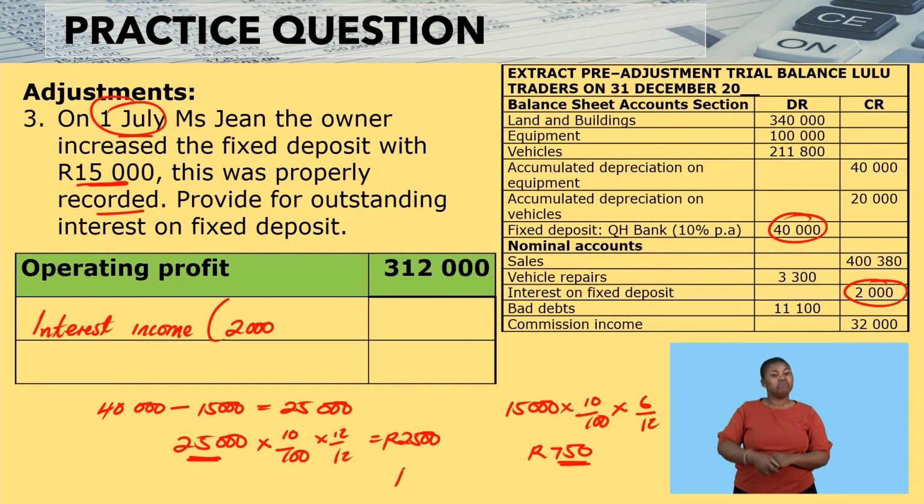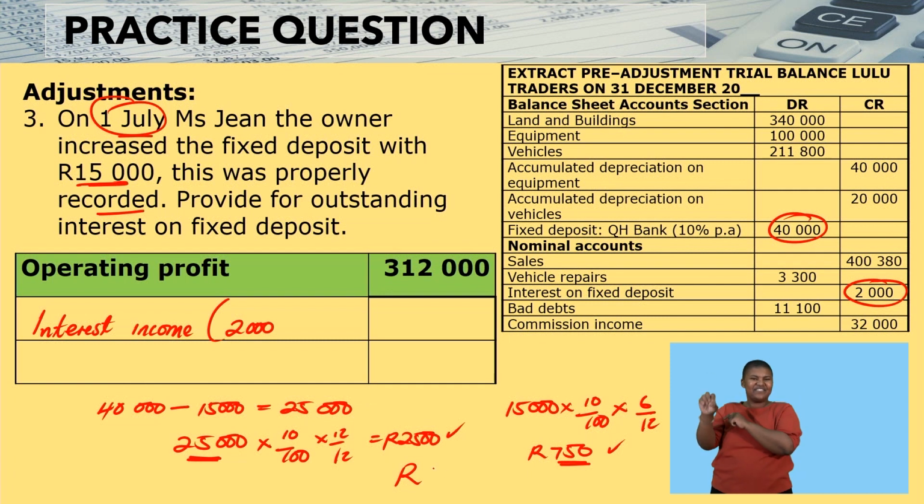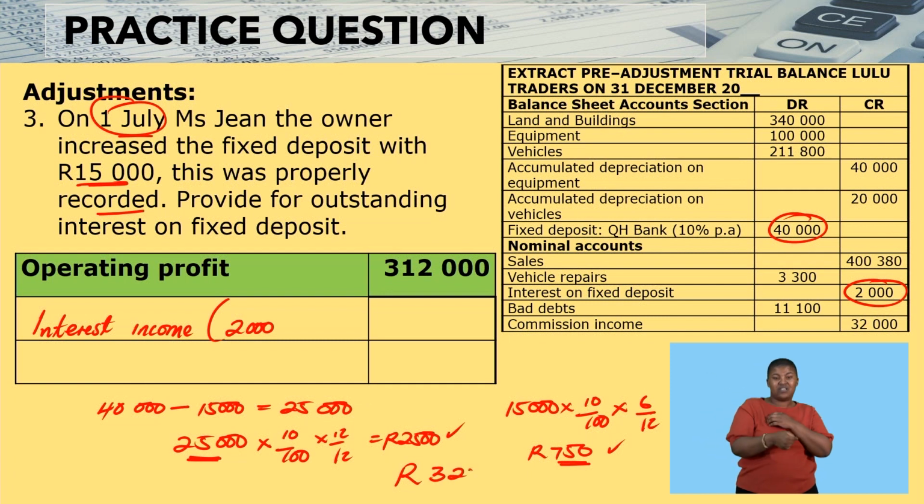So for this year, our total interest on fixed deposit is 2,500 plus 750. That will give you 3,250. So my interest income here must be 3,250. That is what I must be having.